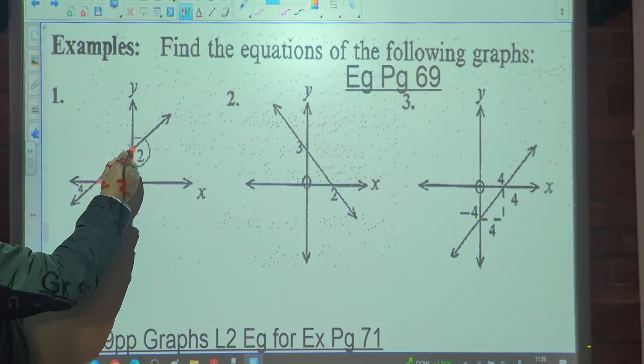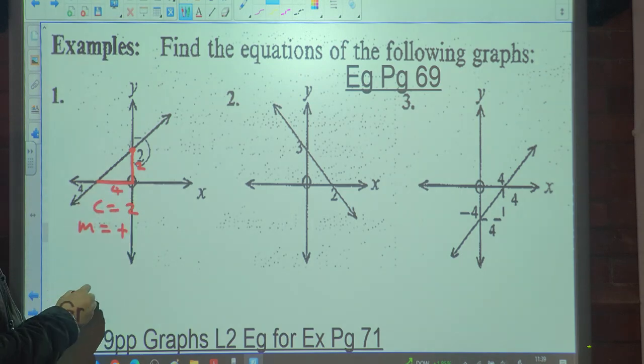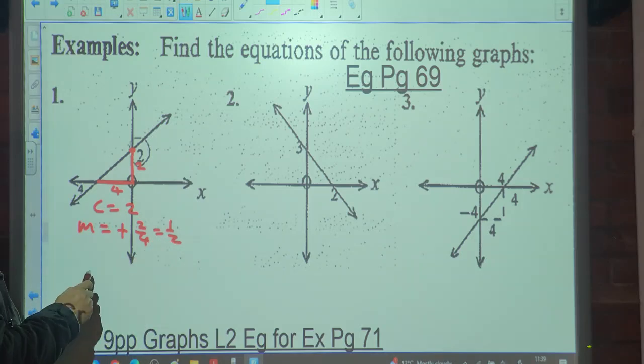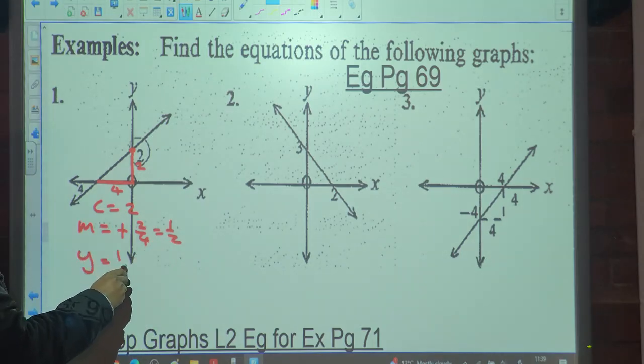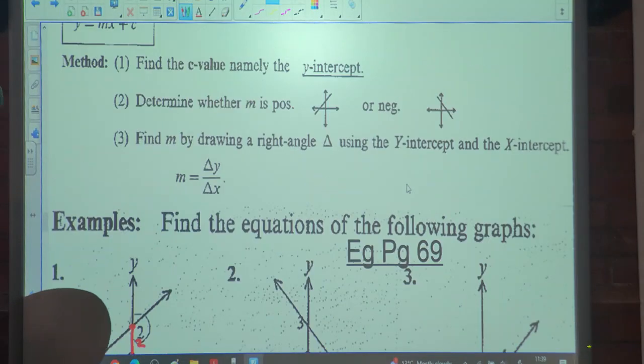What is this length from 0 to this point? 2. And your change in x? 4. So it's going to be 2 over 4, which is? What's my equation? y is equal to half x plus? Easy. Not so?